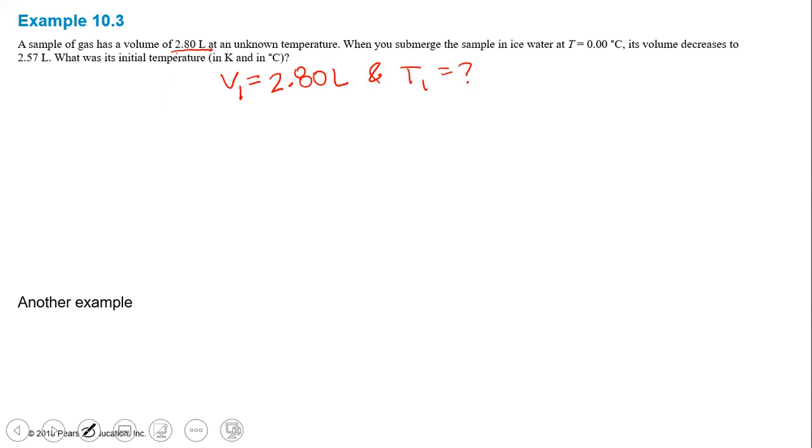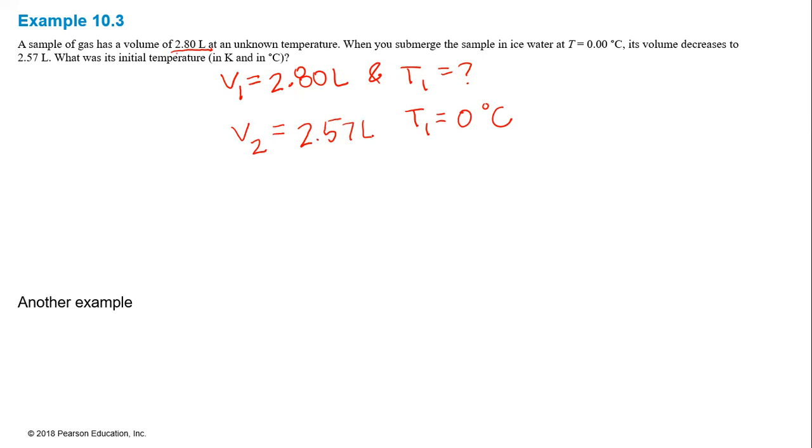T1 is unknown. When you submerge the sample in ice water at 0 degrees C, the volume decreases to 2.57 liters. What is the initial temperature in both Kelvin and degrees Celsius?